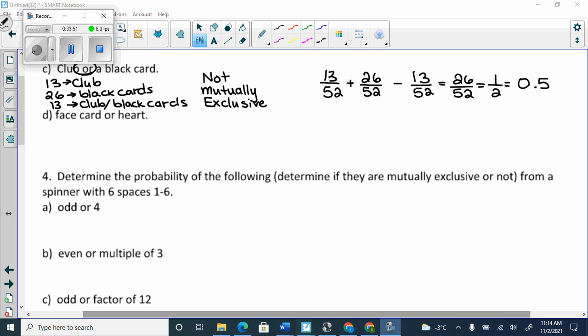Okay, how many face cards? Face cards are jacks, queens, and kings, and 4 suits. How many face cards? 12. Good answer. From no one. How many hearts?